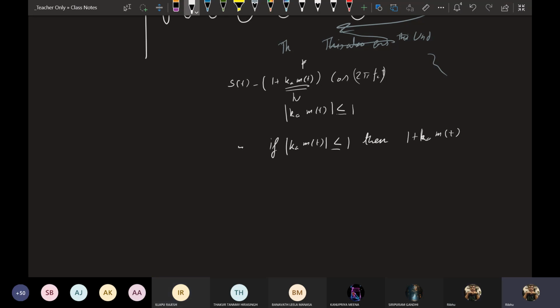It means 1 plus Ka m(t) is always greater than or equal to 0, and it is bounded, less than or equal to 2. Anything else? So bounded is always between, so a sandwich consists of 2 slices of bread. Always positive.